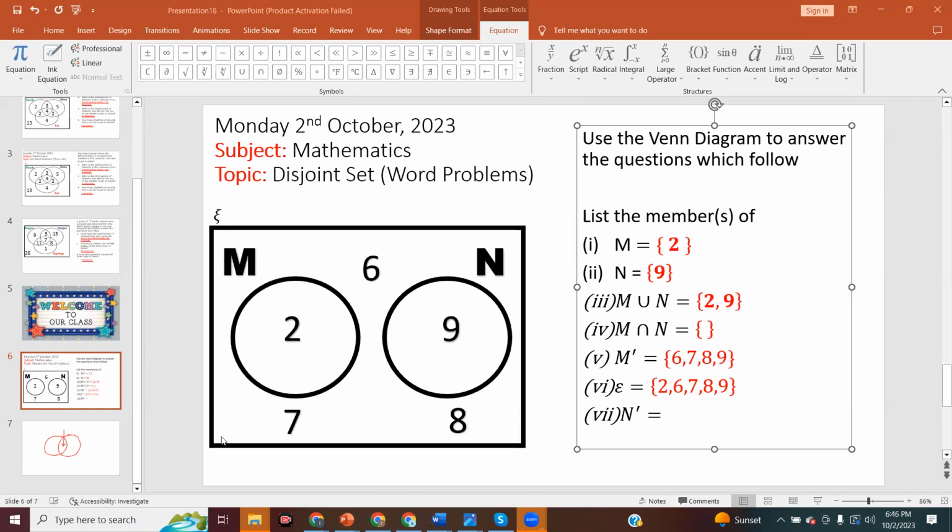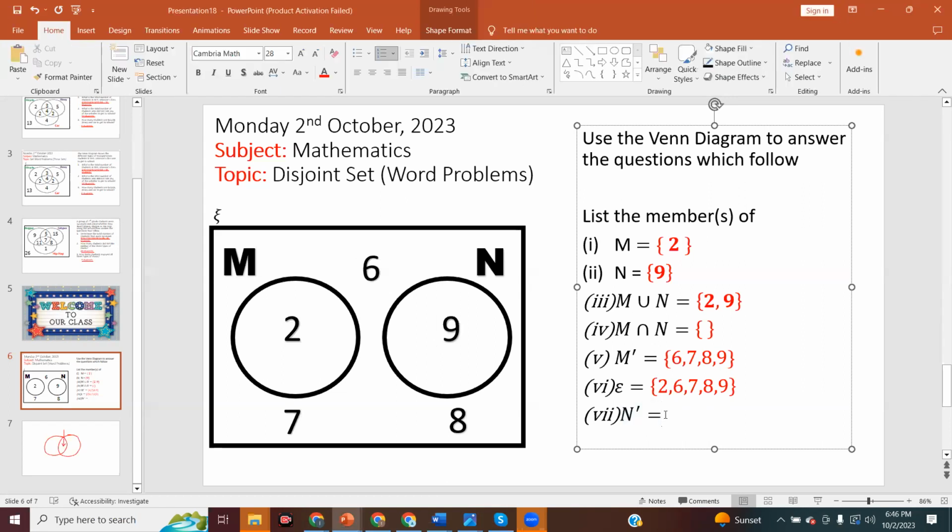Everything except for the elements in set N. Okay, so that means we're gonna have 2, 6, 7, and 8. Okay.